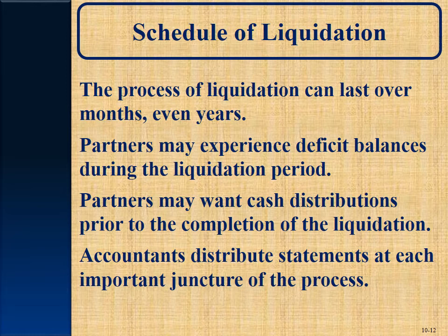But what happens if during liquidation a capital balance becomes negative for a partner? They're in a deficit. Partners may want cash distributions prior to the complete liquidation of the partnership. How do we handle that? Accountants distribute statements at each important juncture of the process. So that's why we need to understand these different parts and processes and how we handle them.